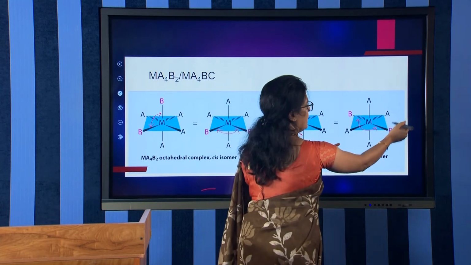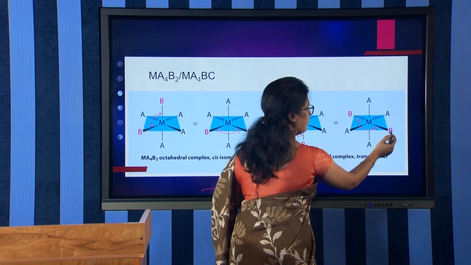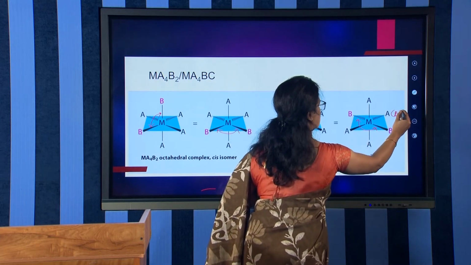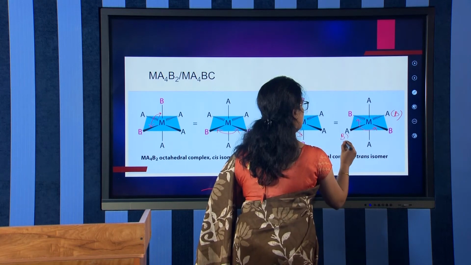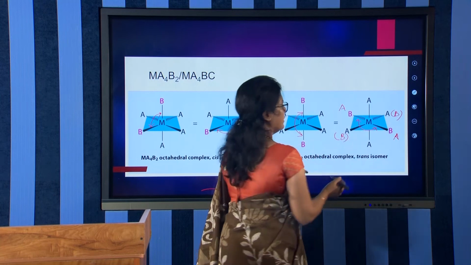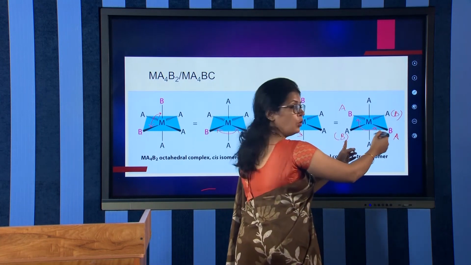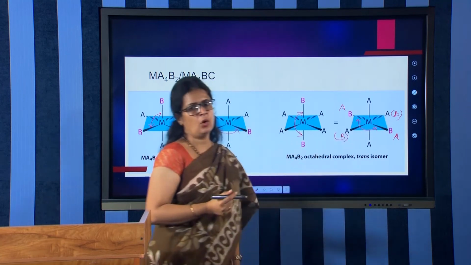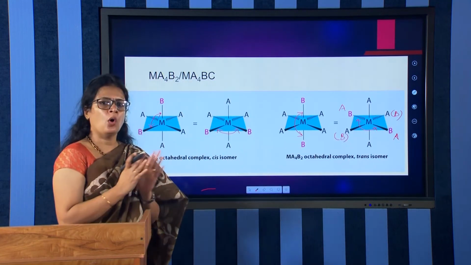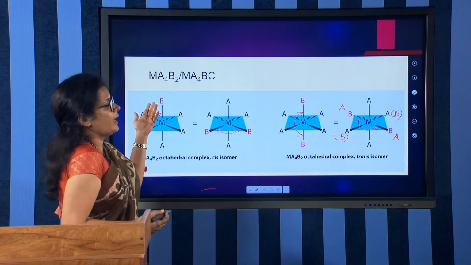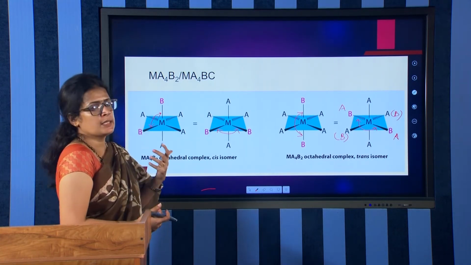If one B is here and one B is here, and A here and A, it also will be a trans isomer, because B and B will be on the opposite sides. Again it will be a trans isomer. So, in the case of MA4B2 type, it will show cis and trans form.